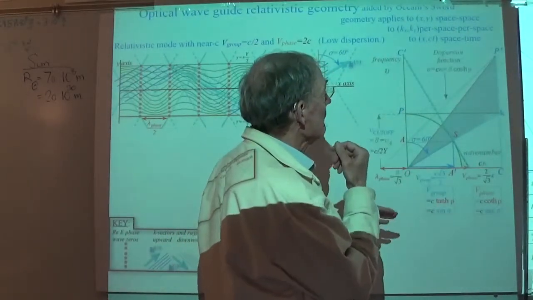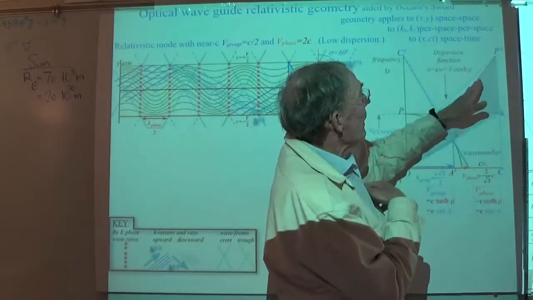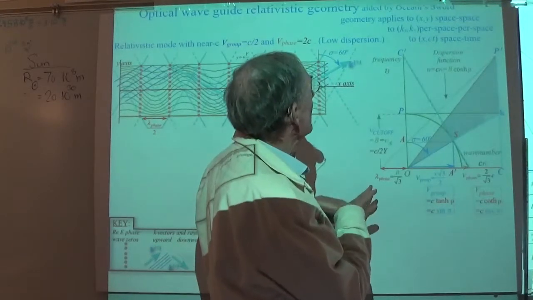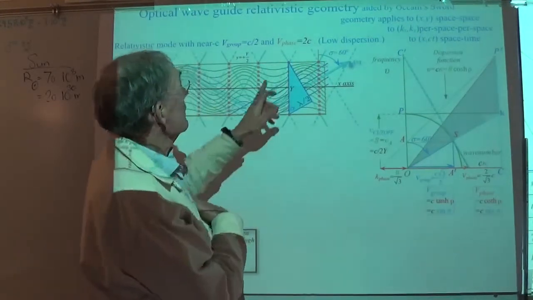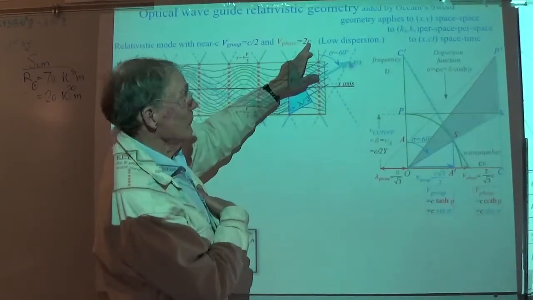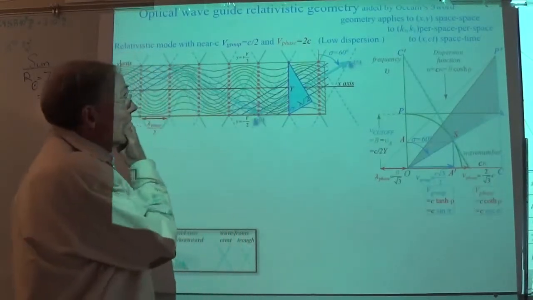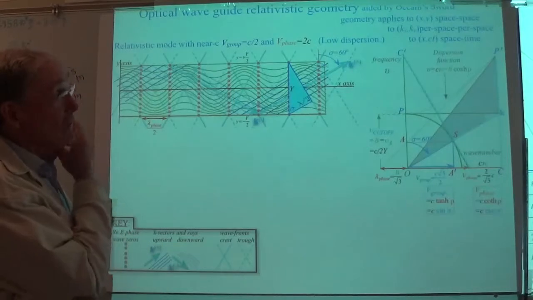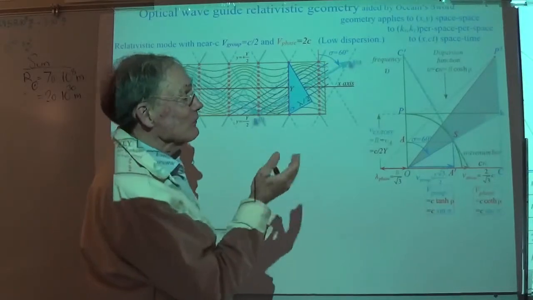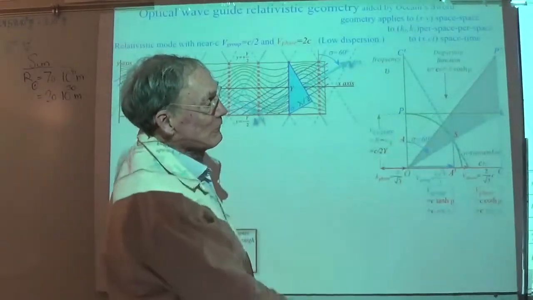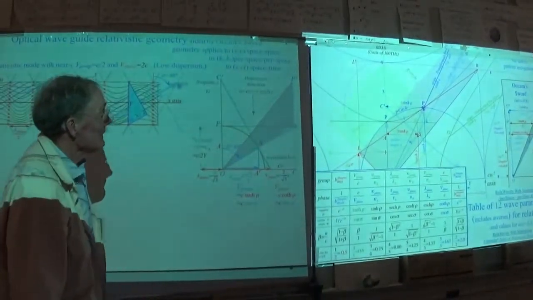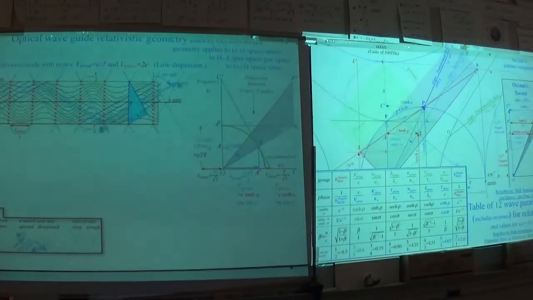We're talking about a speed here that's fairly high. Somewhere I had written it, but yes, here it is. This is with the group being c over 2 and the phase being 2c. Okay, so this is 1/2 the speed of light. It's just a little bit slower than what we've been working with, which is 3/5. But the Occam's sword, which you see over there on the right-hand side of the static screen, is the thing that opens up, and we'll see plenty of animations of that later on.